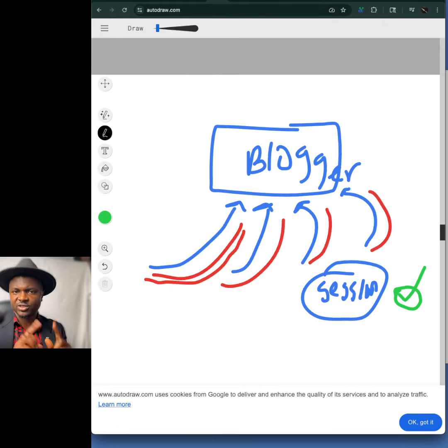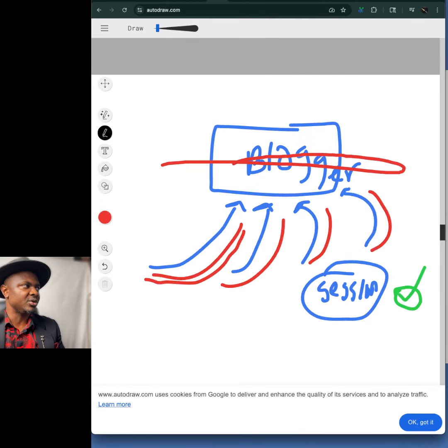But now, this is where there's a problem. If you don't have that session, and most of the traffic coming into that blog has no session, then you risk putting that blog on ads limit.